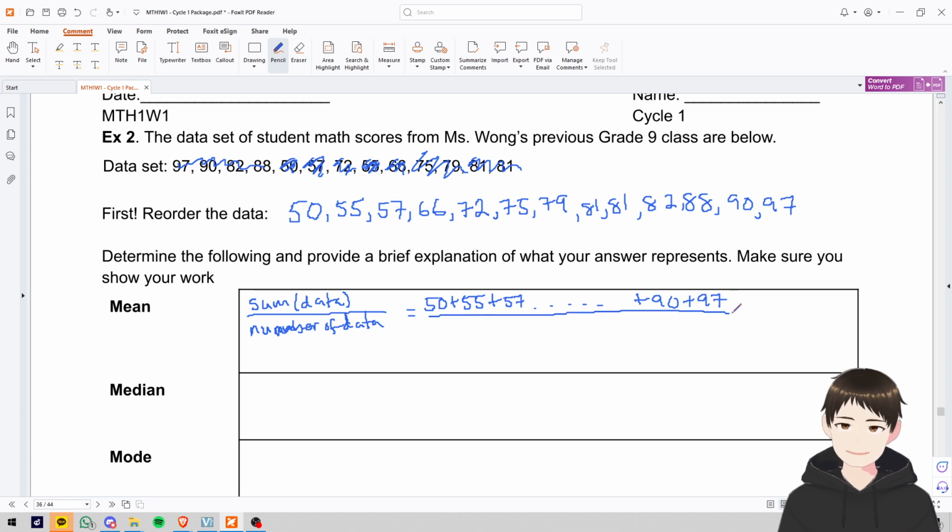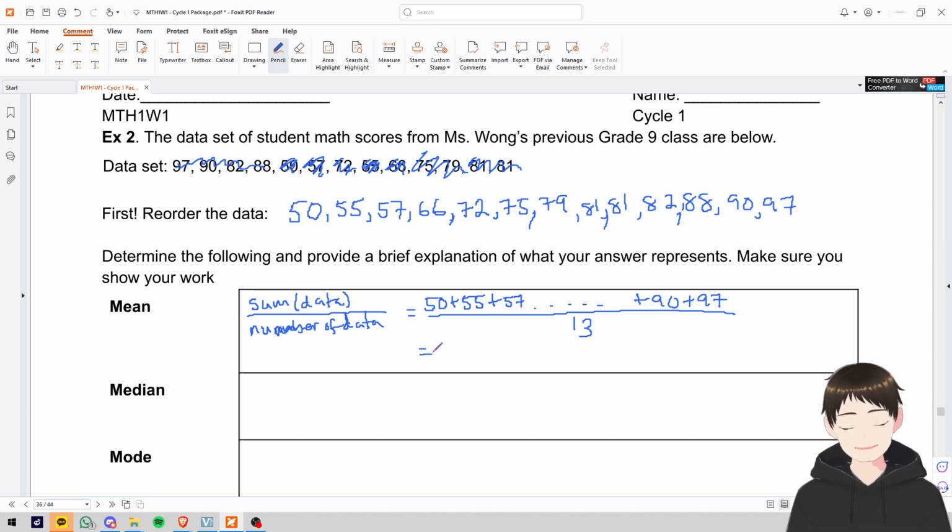And that is going to be divided by how many I have. That's 1 student, 2 students, 4, 6, 8, 10, 12, 13. 13 students.